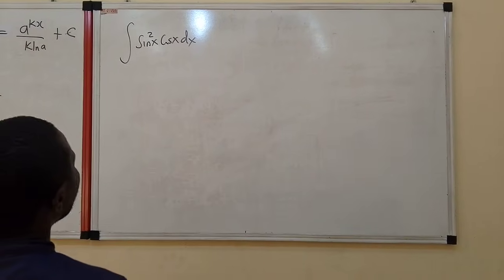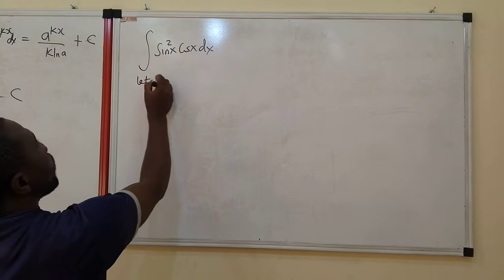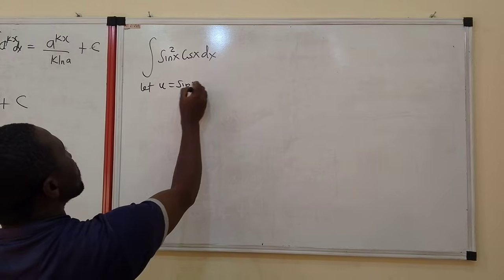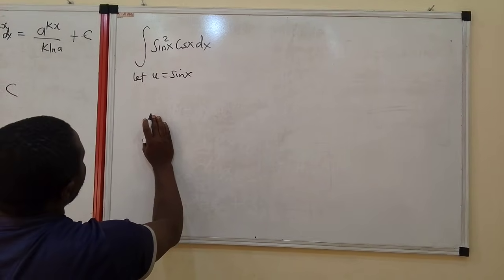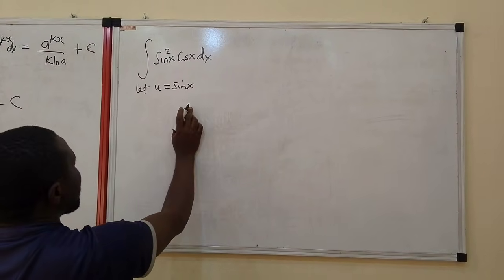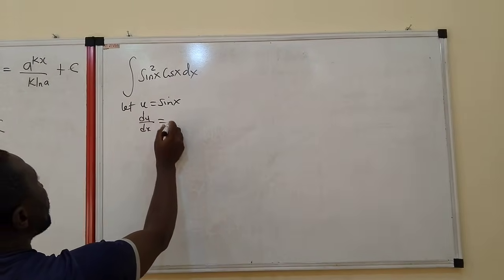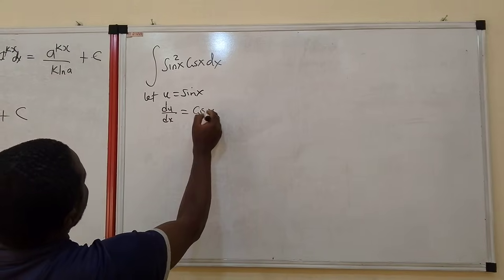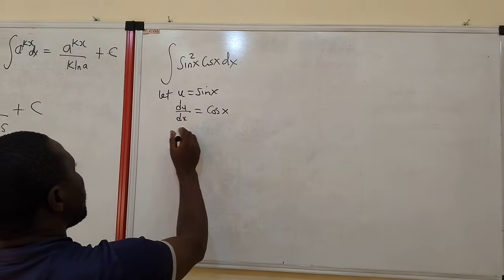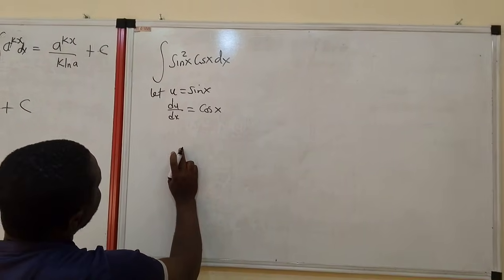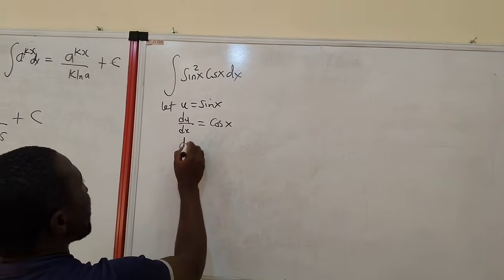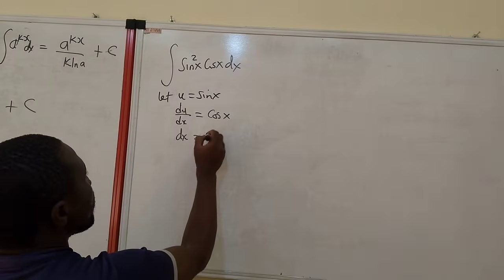You say let u equal sine x. Then du over dx will give us what? Cos x. And since du over dx is cos x, it implies that dx will give me du over cos x.